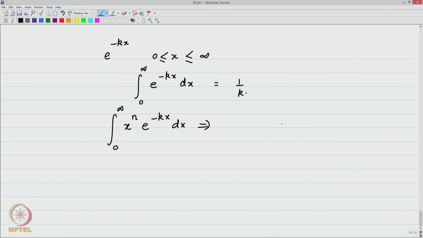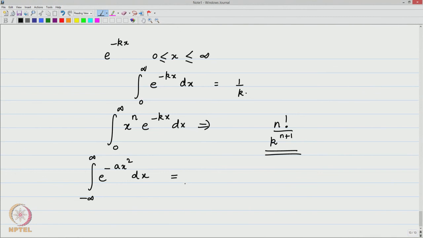And you know that it has to be n factorial by k to the n plus 1. Yeah, it has to be k to the n plus 1. What about this integral, exponential minus a x square dx between minus infinity to plus infinity?